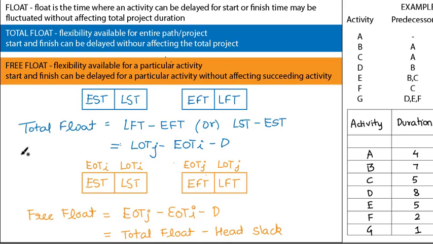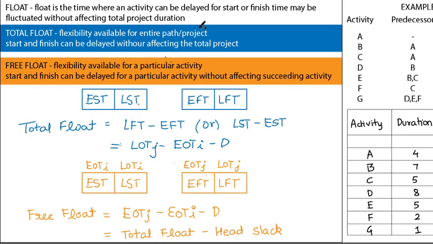All the critical activities will have no relaxation. Other than critical activities, the non-critical activities will have some sort of relaxation. If that relaxation is applicable for the entire path, it is called total float, or if it is applicable for a particular activity, it is called free float.